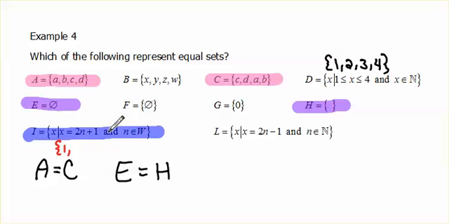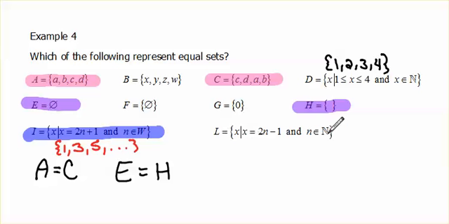If I put a 1 in for n, the next whole number, 2 times 1 would be 2, plus 1 would be 3. If I put a 2 in for n, that would be 2 times 2, which would be 4, plus 1 is 5, and we would go on and on. So that's what that set looks like.